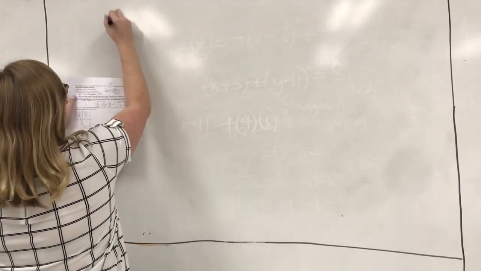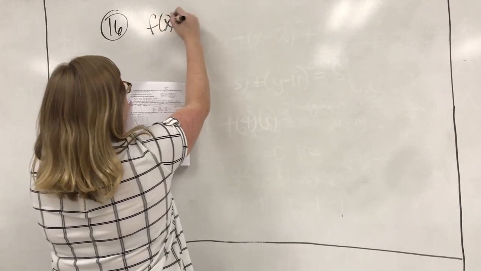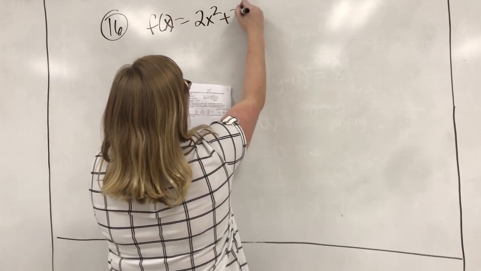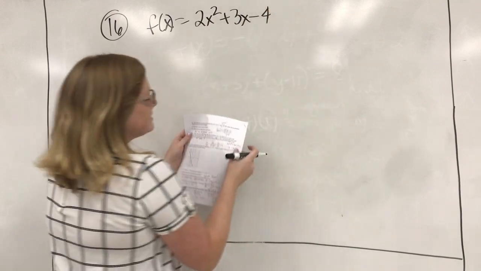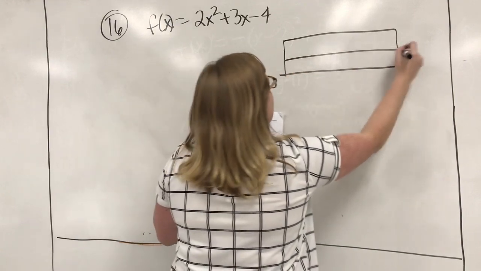Number 16 says the function f of x is given by the equation f of x equals 2x squared plus 3x minus 4. It says the values for the quadratic function g of x are given in the table.